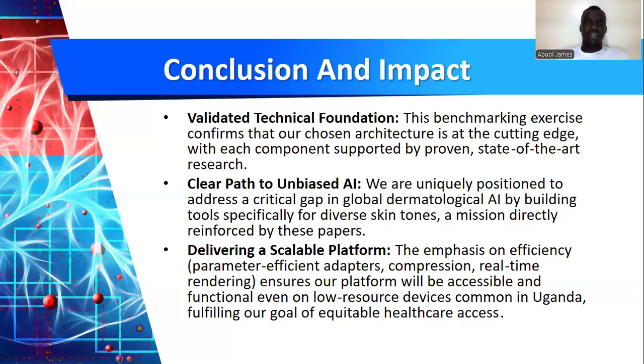Now, the clear path to unbiased AI: we are uniquely positioned to address a critical gap in global dermatological AI by building tools especially for diverse skin tones, a mission directly reinforced by these papers, and then delivering a scalable platform. Now, the emphasis on efficiency, parametric efficiency, adapters, compression, and real-time rendering ensures our platform will be accessible and functional even on low-resource devices common in Uganda, fulfilling our goal of equitable healthcare access.